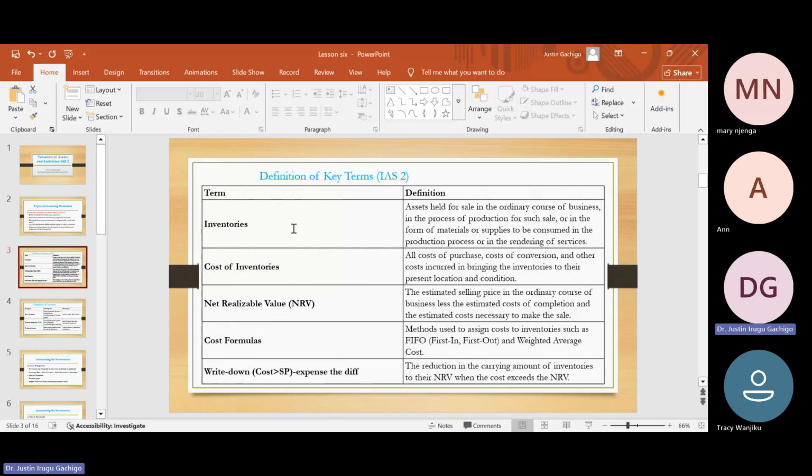Although we looked at the various methods of valuation of the impairment, in this case, it's as simple as this: when the cost has exceeded the selling price, you need to write off the difference. We are going to see how to write off the difference in an example.